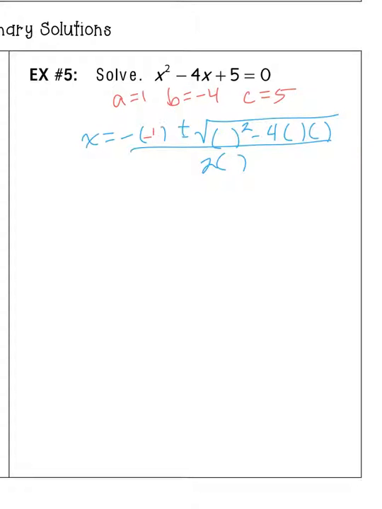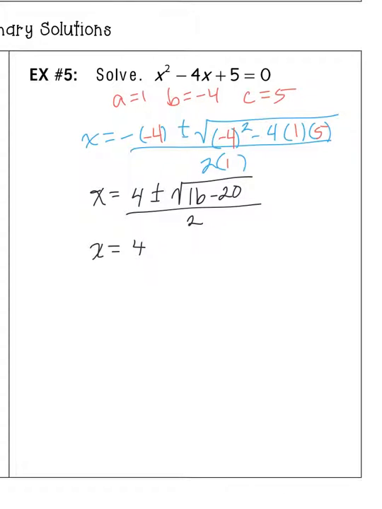So b is -4, goes here and here. a is 1, and it goes in those places, and c is 5. So then x equals, the opposite of -4 is 4, plus or minus the square root, -4 squared is +16. -4 times 1 times 5 is -20, all over 2.